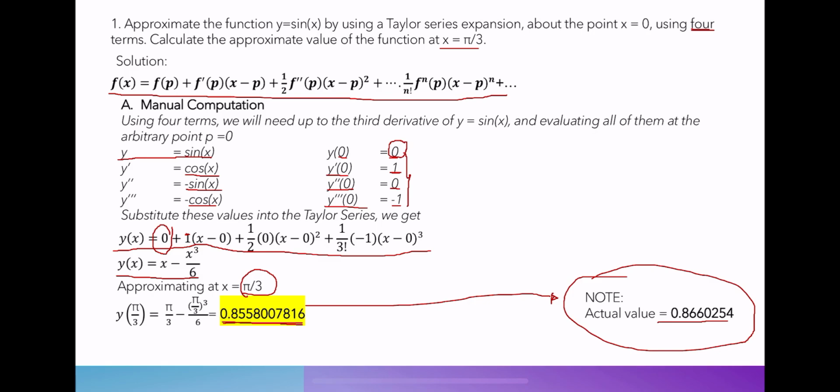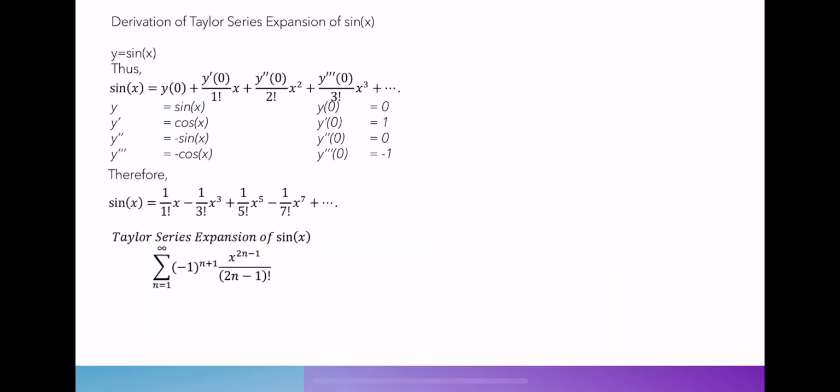So we're done with the manual computation. Let's try to solve this using Matlab and MS Excel. But before we do that, allow me first to discuss the derivation of the Taylor series expansion of sine of x. Again, our function is y is equal to sine of x.